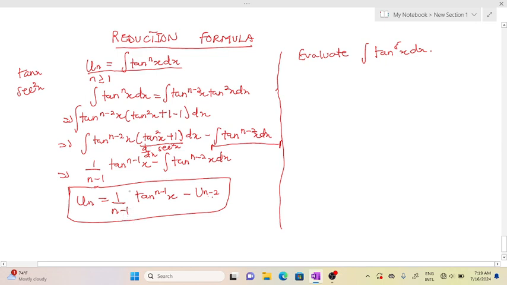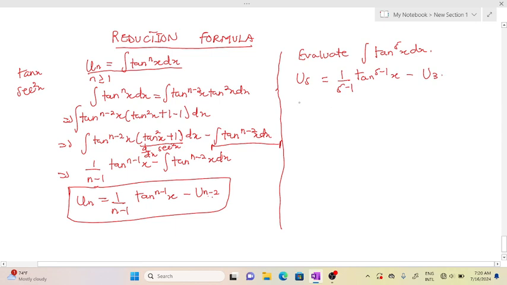Since our n is 5 here, we simply have our u5 equal to 1 over 5 minus 1 tan to the power 5 minus 1 of x, minus our u sub n minus 2, which is u3. Then you put it down.